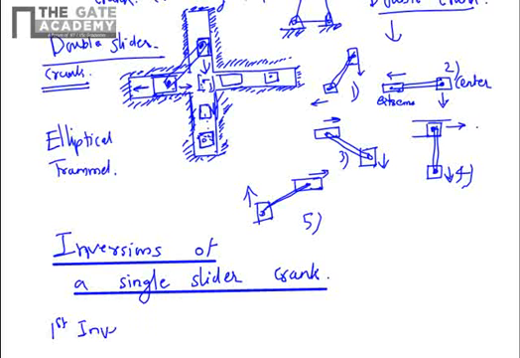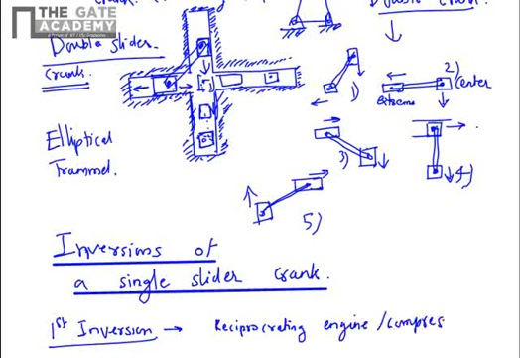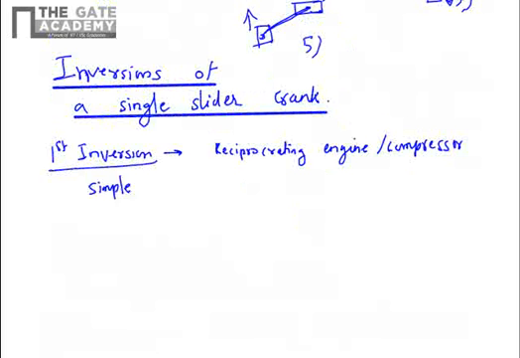The first inversion is obviously a reciprocating engine or compressor, where a simple, basic single slider crank is employed. So this is a sketch of that.